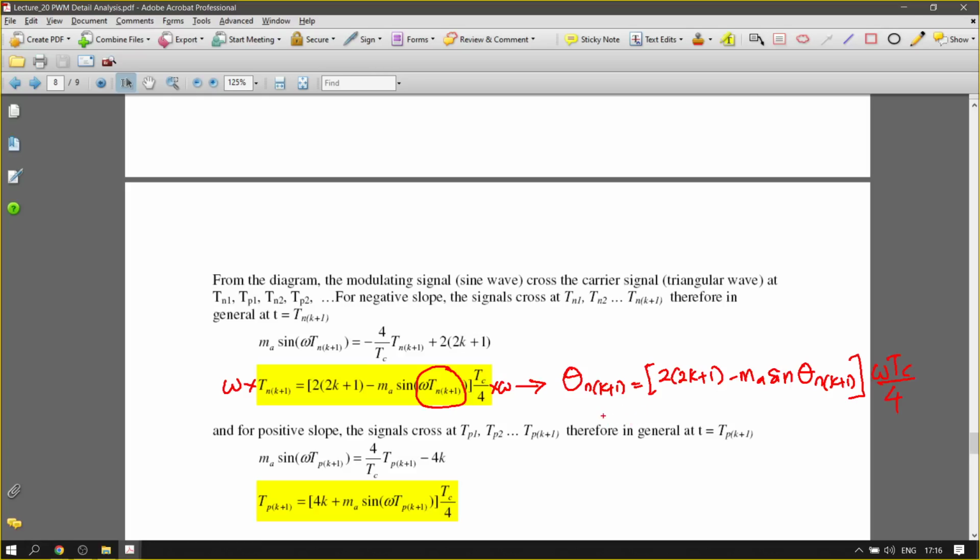Then if we want to find theta n2, therefore k should be equal to 1, isn't it?